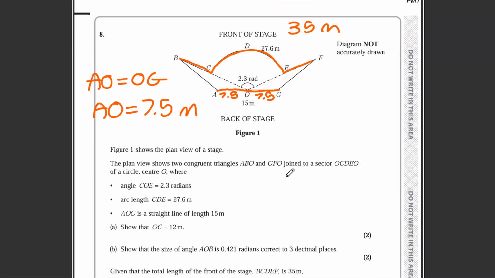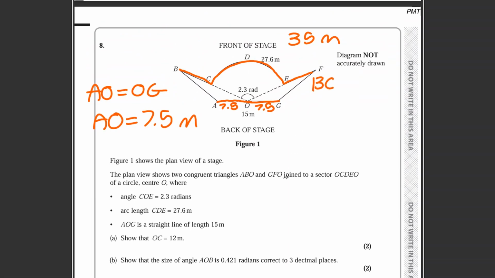If we look at what BCDEF is made up of, it's made up of this side here, which is BC, plus this arc here, which is CDE, plus this side here, which is EF. Okay, so let's plug in some numbers here. We know that BCDEF, this entire thing, is 35 meters.